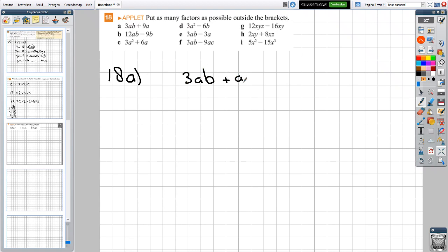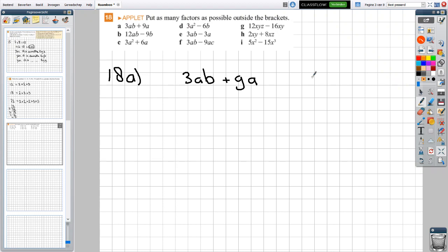plus 9a. Okay. If you're going to take a look at what the common factors are, the first thing I'm going to do is rewrite this term and this term in prime factors. In this case, you can use space next to the exercise to show you this.